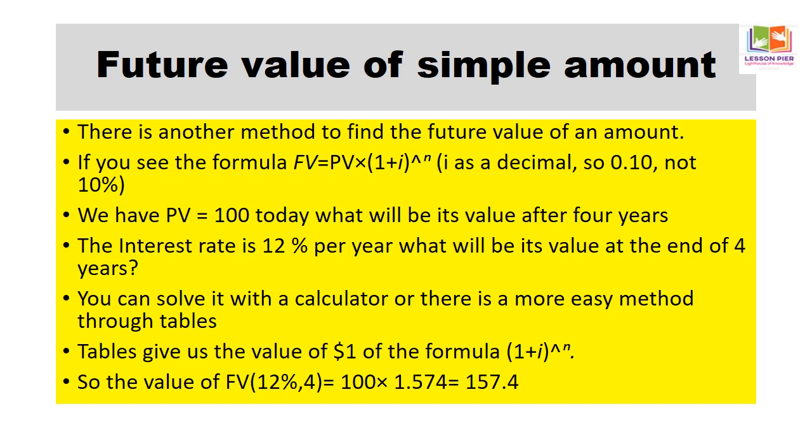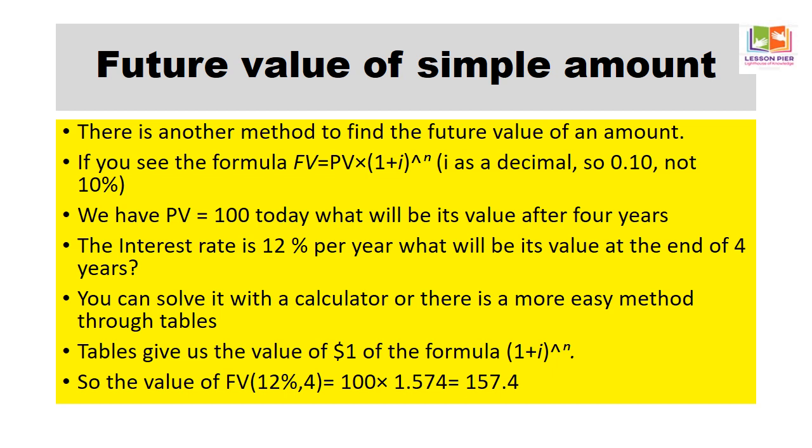By the calculator method also we have solved. It comes to 1.574, and when we multiply it by 100, the result becomes 157.46. So this is the value of money you will get after 4 years if you have a 12% rate of interest.